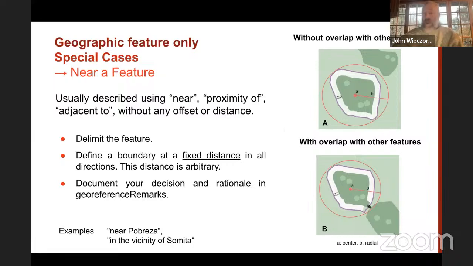And when we do that, like I say, it's not great practice to have written it this way, but we have to try to interpret it. And since it is a subjective interpretation, what we have to do is state the assumptions we made when we interpreted. And that then means it ends up being a rationale that's described in georeference remarks, one of the important fields when we're doing georeferencing, to tell us whenever we had to make a decision that isn't documented in a protocol. That'll come up more than once.